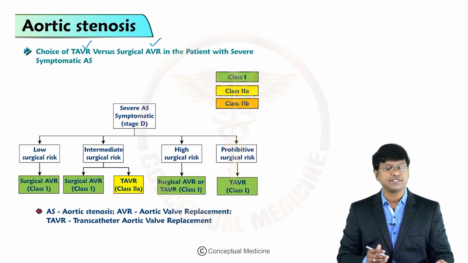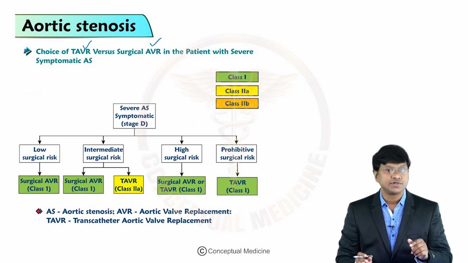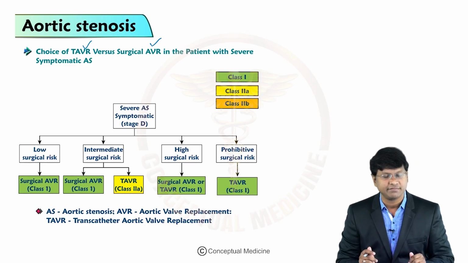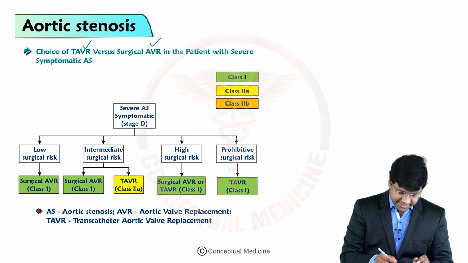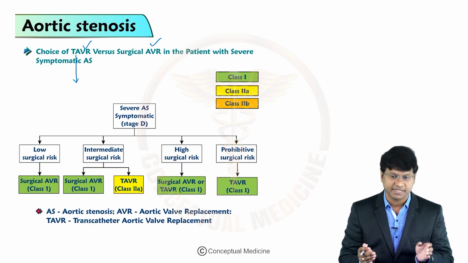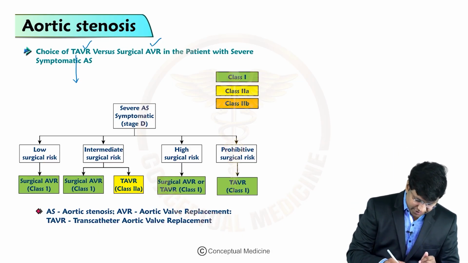So TAVR is transcatheter aortic valve replacement, in which we don't cut open the chest for the aortic valve replacement. In TAVR there are many approaches by which you can reach the aortic valve, but the most commonly used approach is the femoral artery approach.